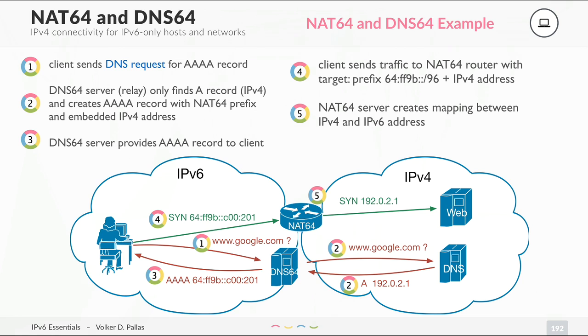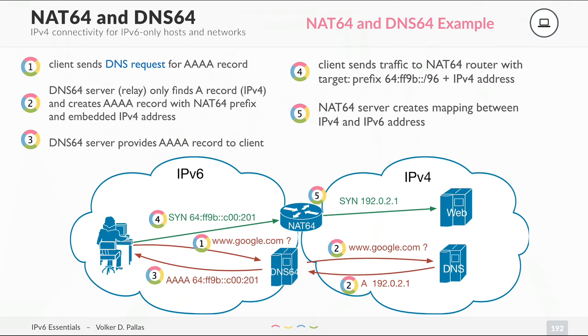So now that the client knows the IPv6 address of Dropbox.com, it can send the traffic to the router, which is NAT64 enabled, and the target prefix is the NAT64 prefix plus the IPv4 address. Number 5. The NAT64 server sees, oh, this address has the NAT64 prefix, so it's actually an IPv4 communication, or at least IPv4 destination.